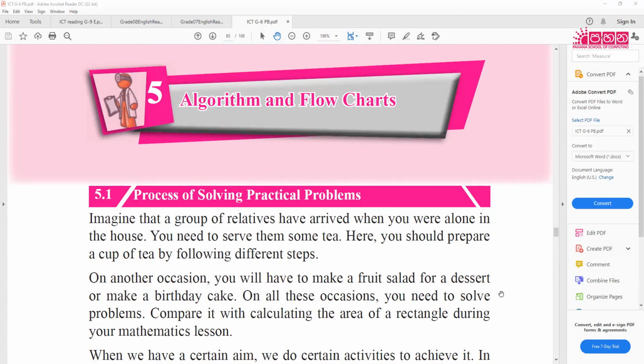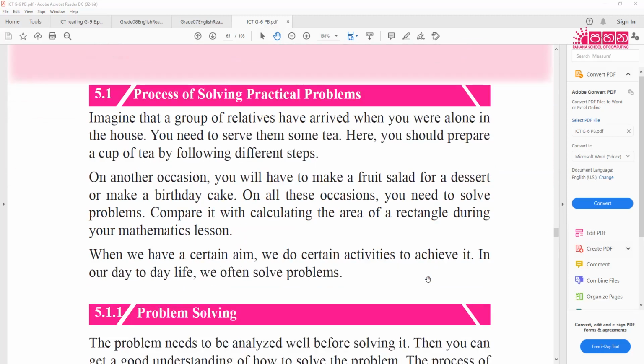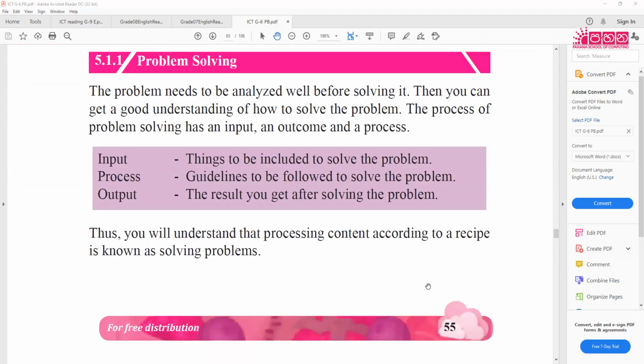Now, to create solutions, you need to learn how to build a solution in a step-by-step manner because we have to provide all the different steps to solve a particular problem, right? Now, in problem solving, we always have three parts.